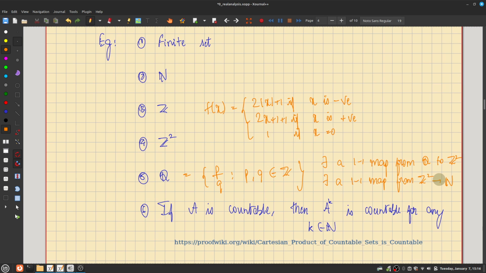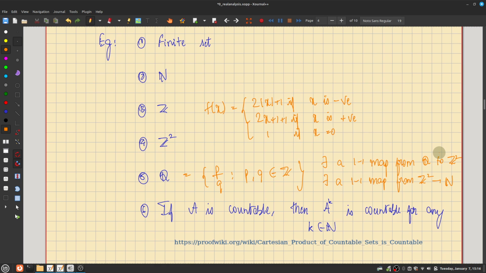That's okay. All I'm saying is that there is a one-to-one map from Q to Z squared. It is not onto, so there is no point that maps to 2 comma 6. That's okay, there is some point which maps to 1 comma 3.